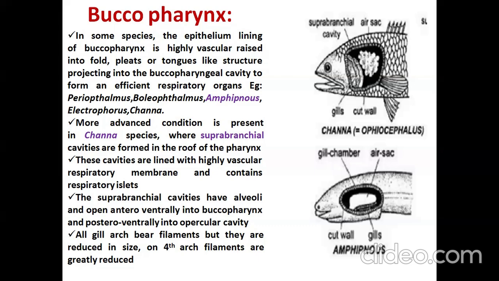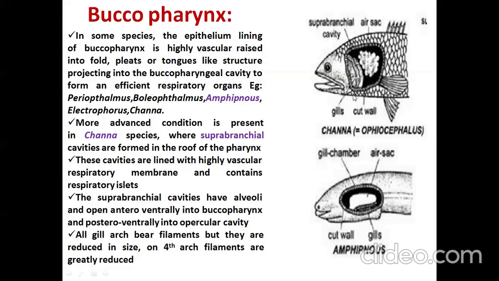It will have the gill arcs, and all the gill arcs bear filaments, but they will be reduced in size. Due to the respiratory purpose, the gill arch filaments will be reduced in size, and on the fourth arch, filaments are greatly reduced.